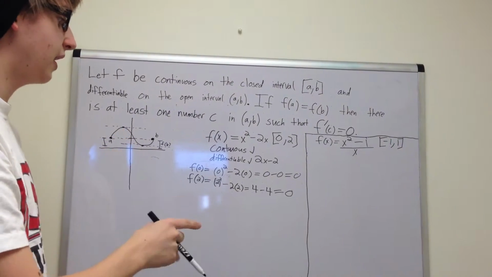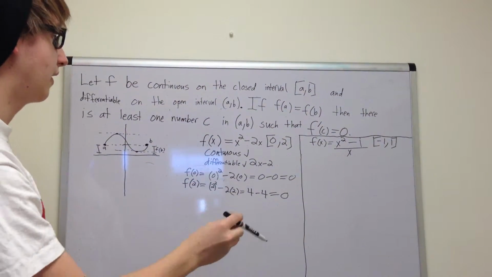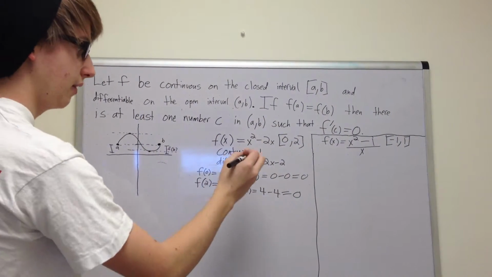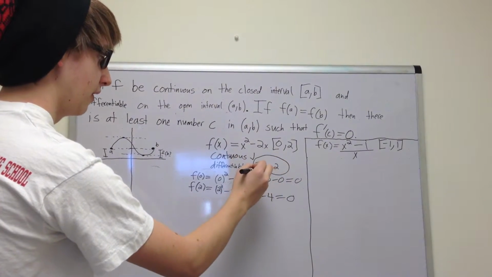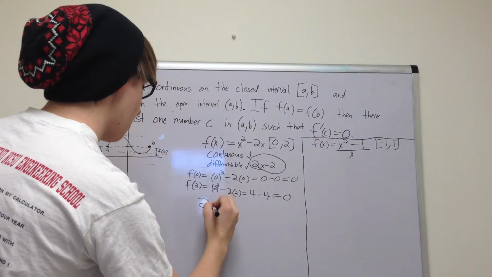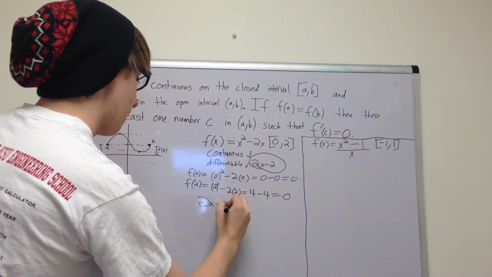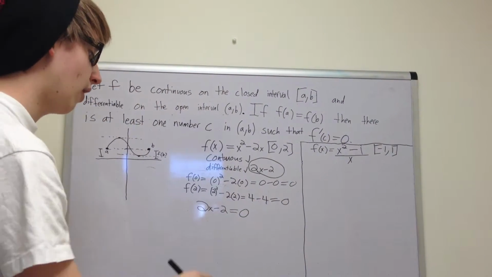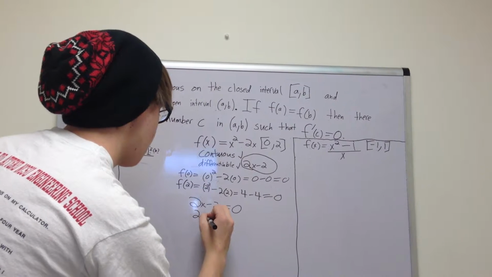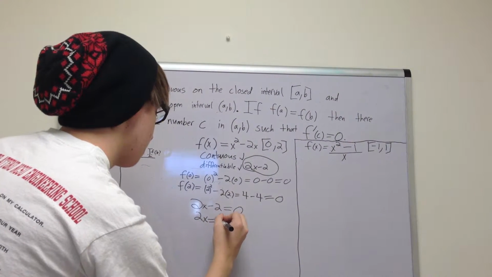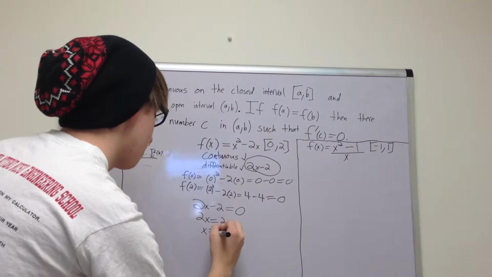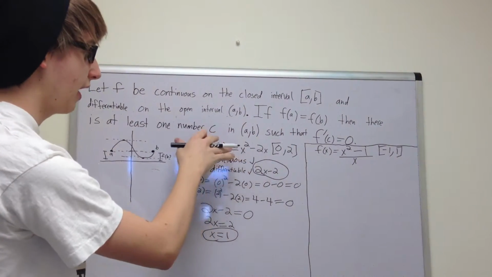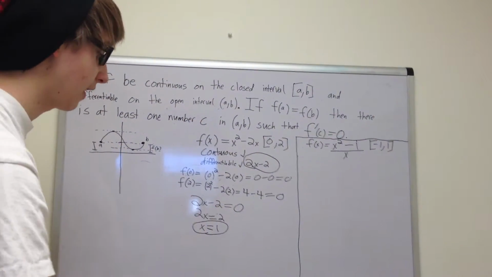So, from here, our theorem states that f prime of c is equal to 0. So what we're going to do is take the derivative, bring it down, and then set it equal to 0. And now all we're going to do is find x. Okay, we found that x equals 1. I just substituted in x for the value c, because it's the same thing.